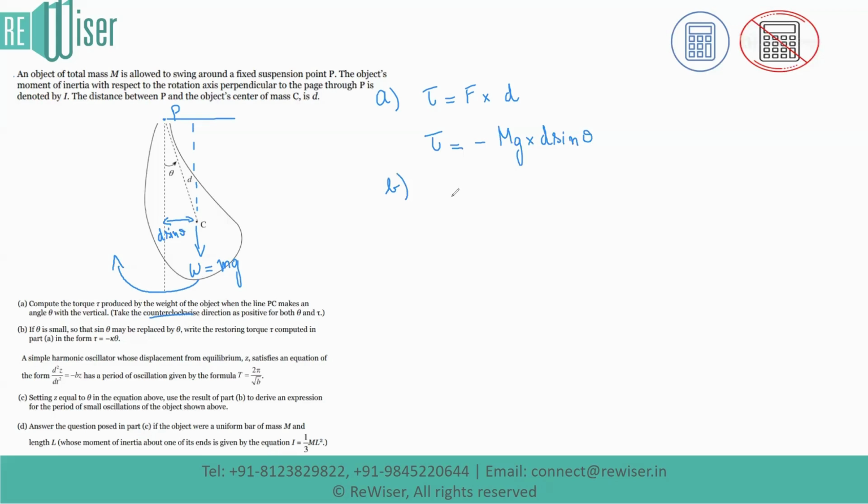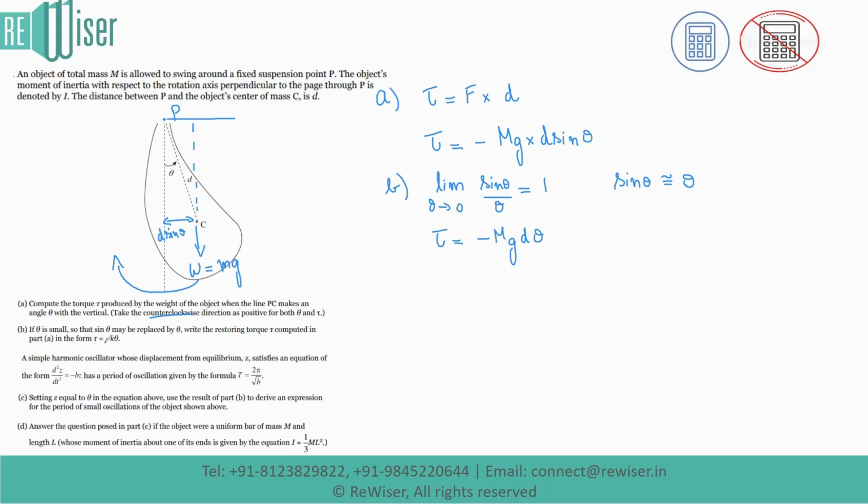When theta is very small, if you can remember this from calculus, the limit as theta tends to 0 of sine theta over theta is equal to 1, which just tells me that sine theta will be approximately equal to theta for very small values of theta. So doing the substitution, I get torque as minus mgd theta instead of mgd sine theta.